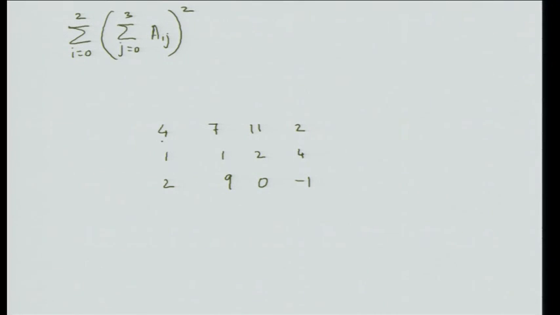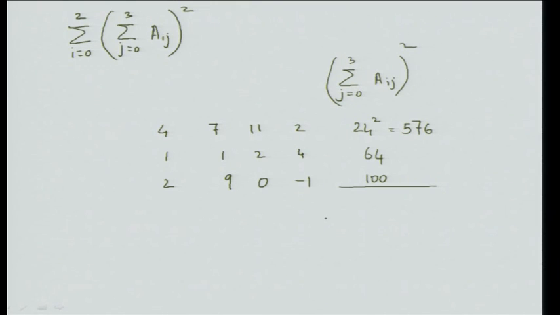First, we sum the numbers in each row, that is j going from 0 to 3 of a_ij, and then squared. If you sum all this, you see 24, 8, 10. 24 squared is 576, and similarly this is 64, 8 squared, and this is 10 squared, which is 100.